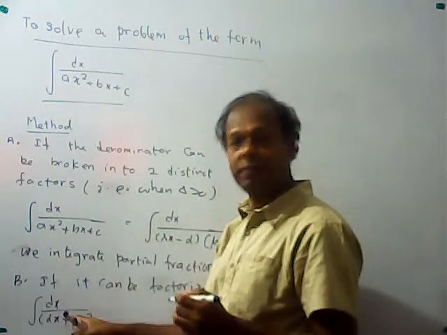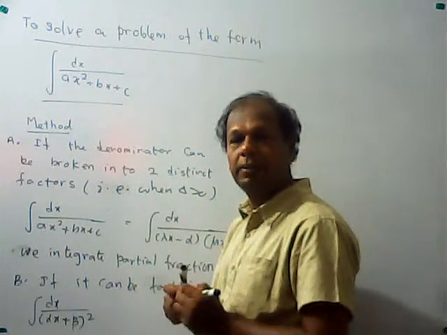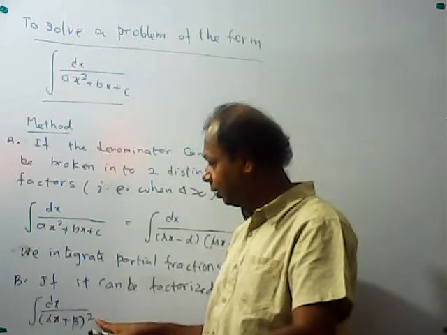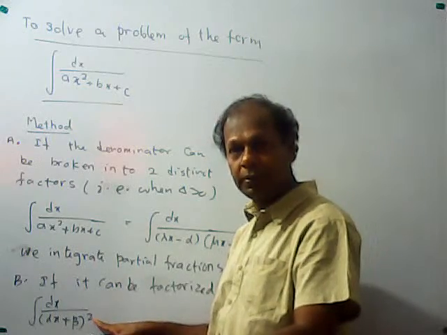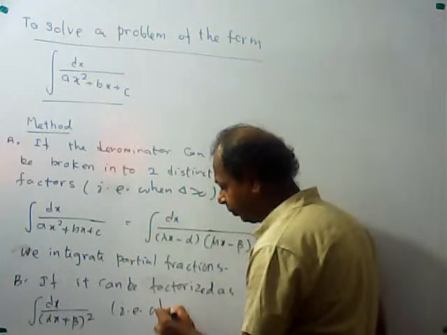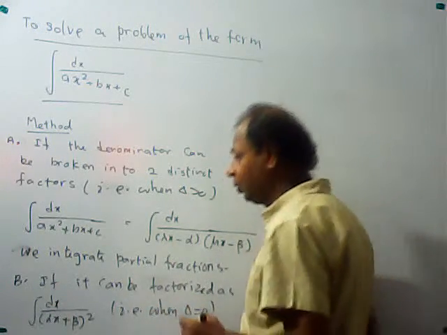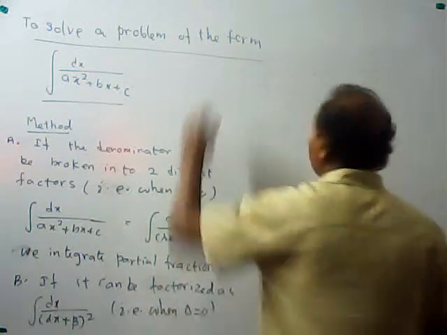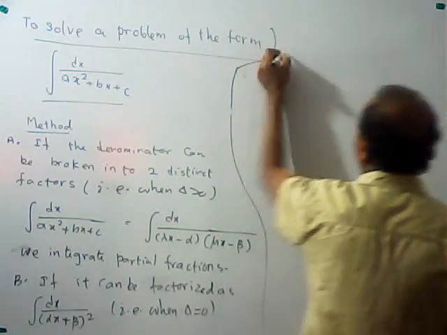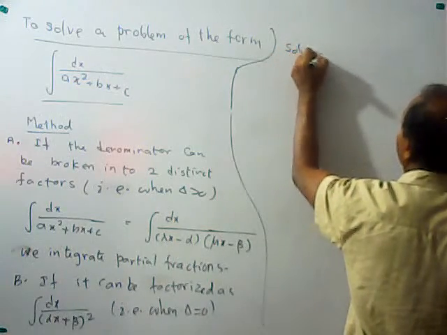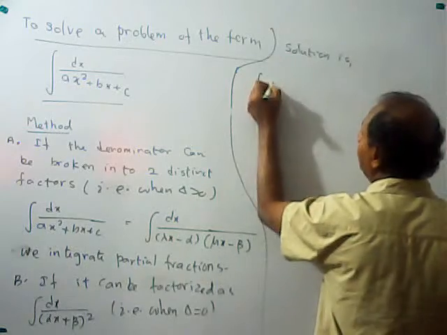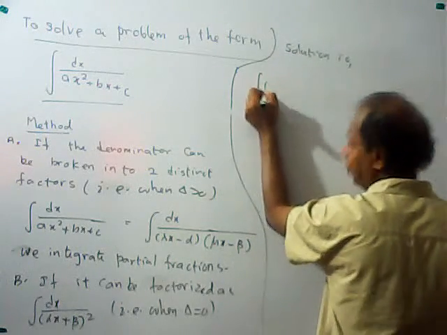This is the case where delta is equal to 0. If delta is equal to 0, you get a perfect square here. Now you can easily integrate. The solution is, you can take it to the top as to the power minus 2.